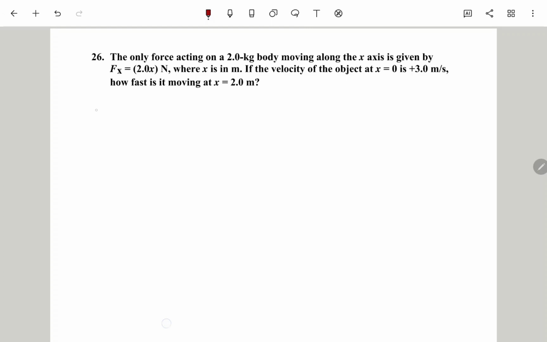Now again, work total equal to delta K, and in this case, since the force is not constant, we have to integrate from 0 to 2 F dot dx, and this actually equal to delta K, the change in the kinetic energy.